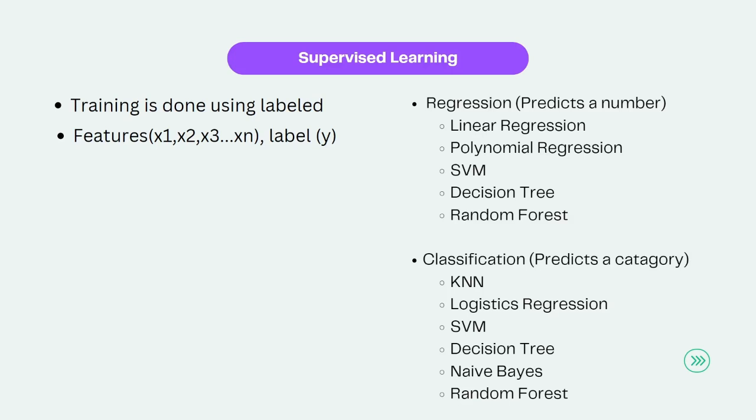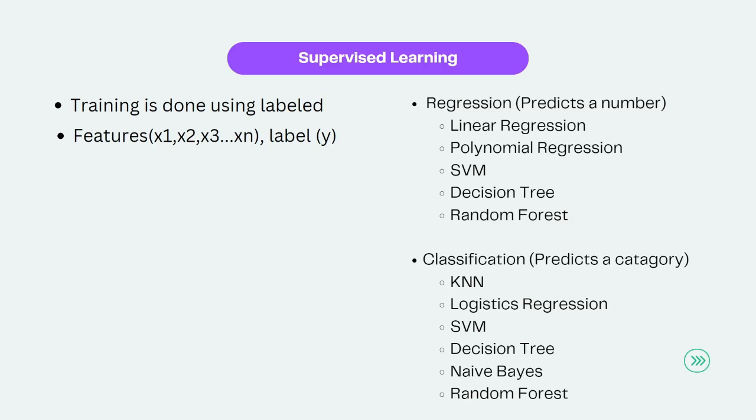Then you can also see some other examples. Let me quickly bring the slide board over here and let's talk about that. Okay, so now we're talking about classification, and it is also under supervised learning.